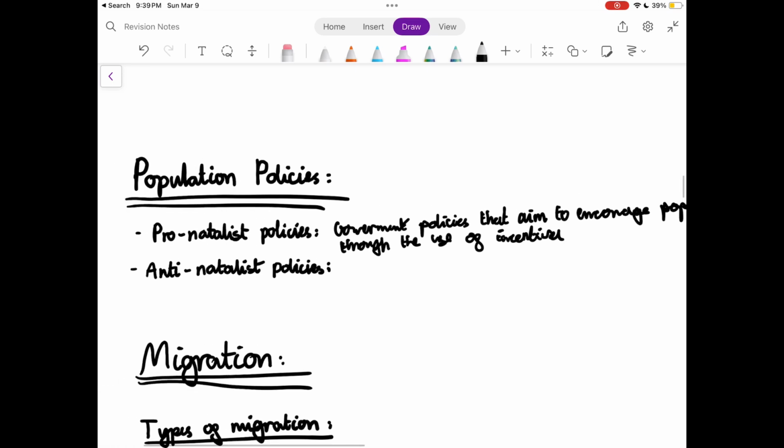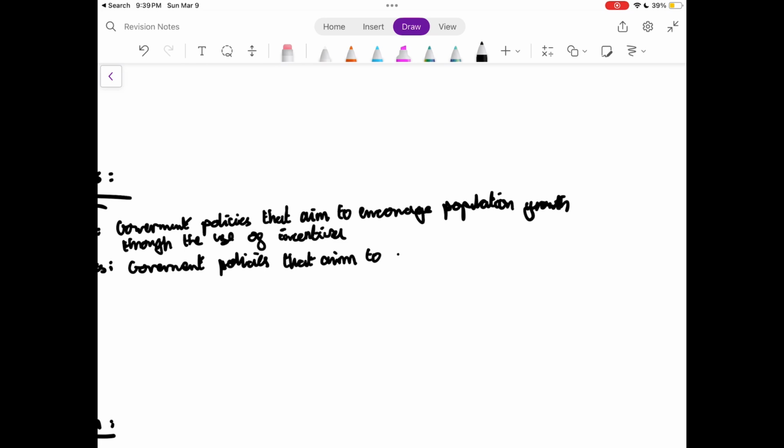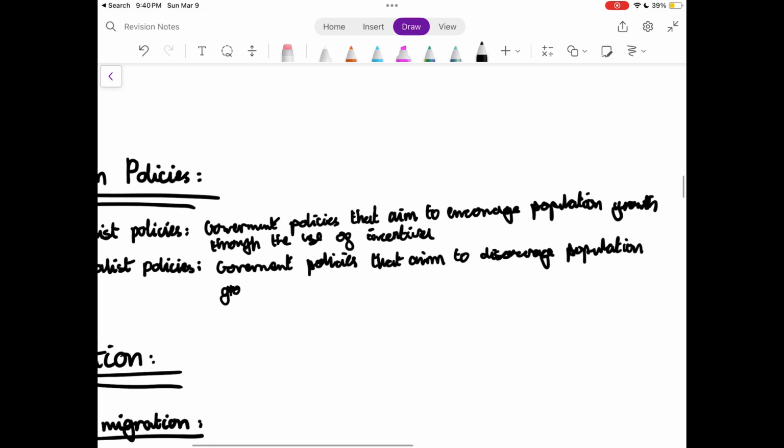And anti-natalist policies are literally the opposite. So these are government policies that aim to discourage population growth by enforcing laws or penalties.